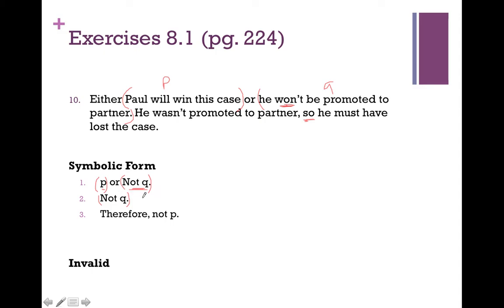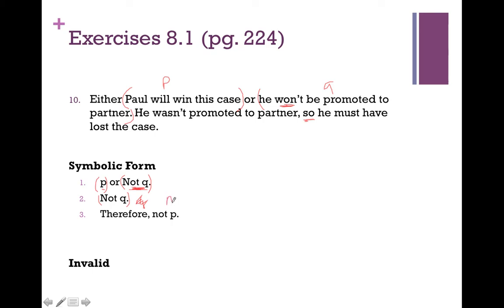To deny the disjunct here would have been to say Q. That would have been to deny that disjunct. But you're not saying that. You're actually saying not Q is true. It's like this: Paul won his case or he wasn't promoted. I'm just reading this back to you, but he wasn't promoted. I mean, you're saying it is true that he wasn't promoted. You're saying this disjunct is true.